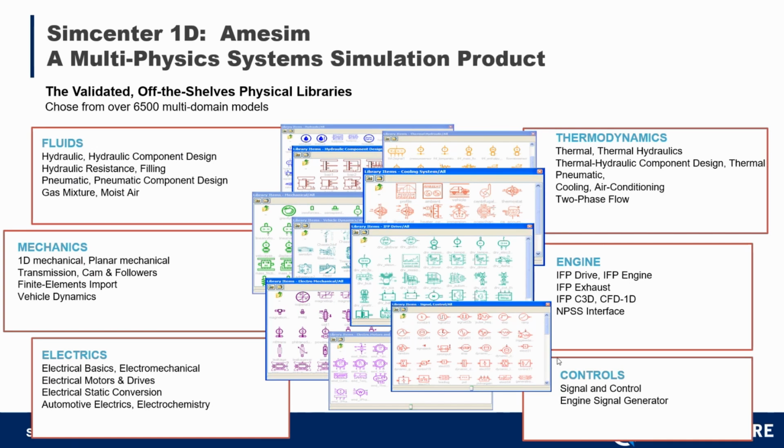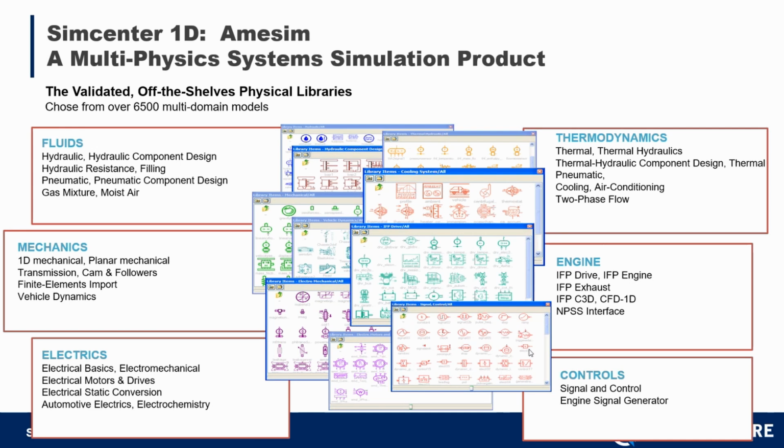So here are just some examples of the libraries. We have fluids, mechanics, electrics, thermodynamics, even engine and control. And in each box, there are a lot of sub-libraries related to the main library. These are all ready to use libraries. Any of these libraries would take a lot of time or investment for you or your company to develop from scratch.